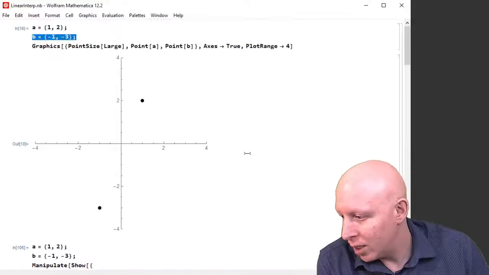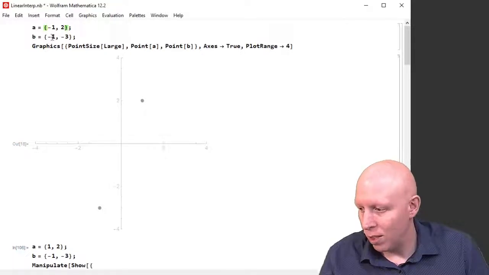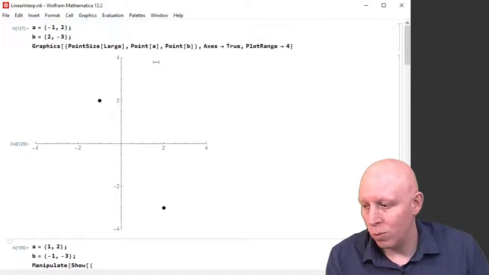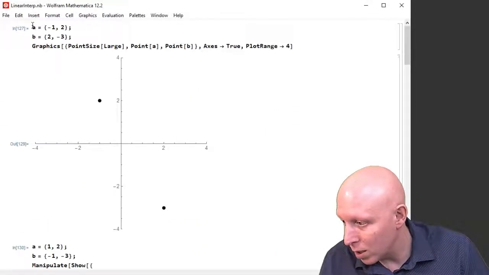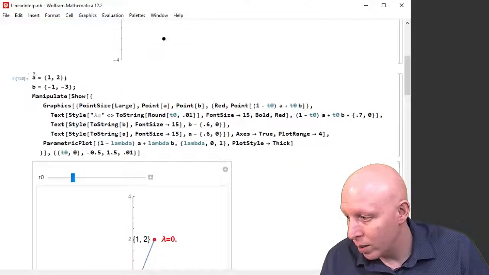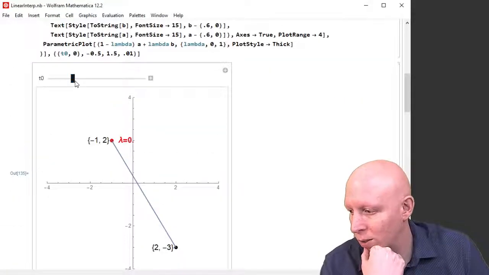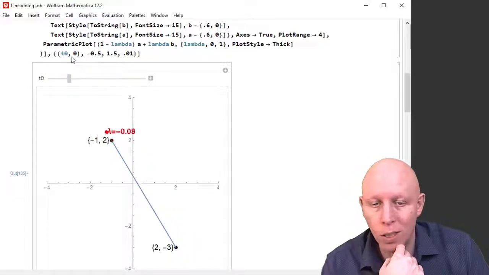And if we were to change these points, maybe we make this -1, and we'll call this 2, 3. So here's some new points. We could run this again with these new points, and the same thing would happen. You've got a line that goes between those 2 points, and our parameter parameterizes the line between them.